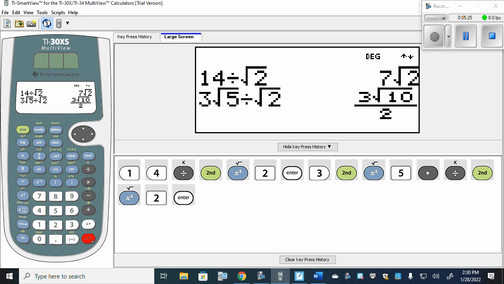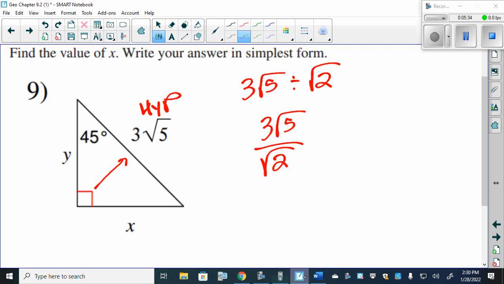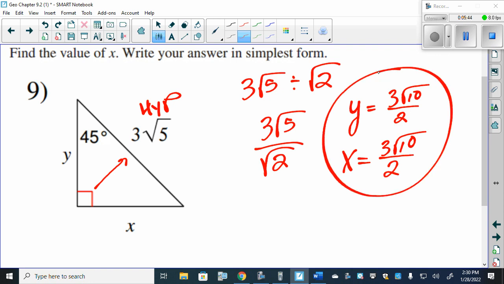And if we hit enter, we get 3 square root of 10 over 2, which is exactly what we found yesterday, yes? So y here is 3 square root of 10 over 2, and x is 3 square root of 10 over 2. And that would be our answers. All right.